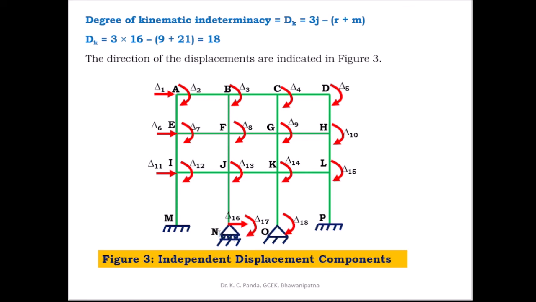At support N there is horizontal and rotational displacement, and at support O there is only rotational displacement. So the total number of independent displacement components is equal to 18, and the degree of kinematic indeterminacy of this frame is also equal to 18. So these are the independent displacement component directions.